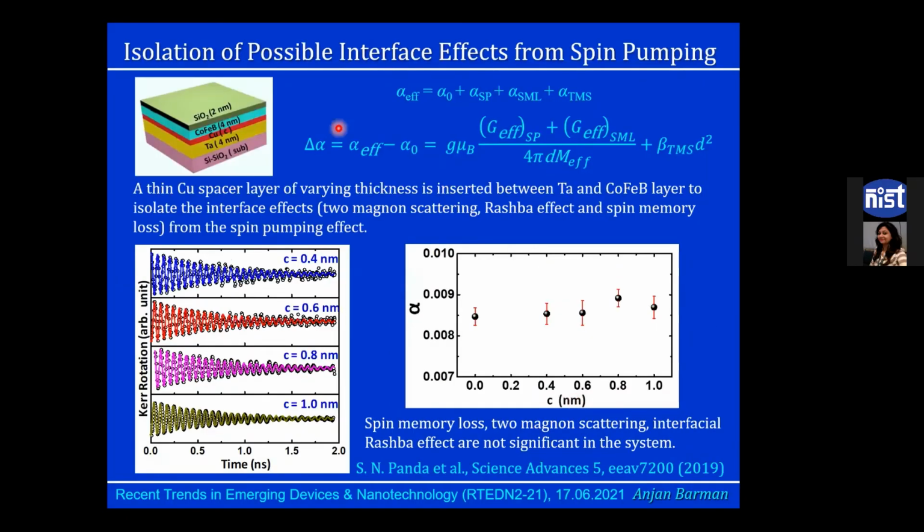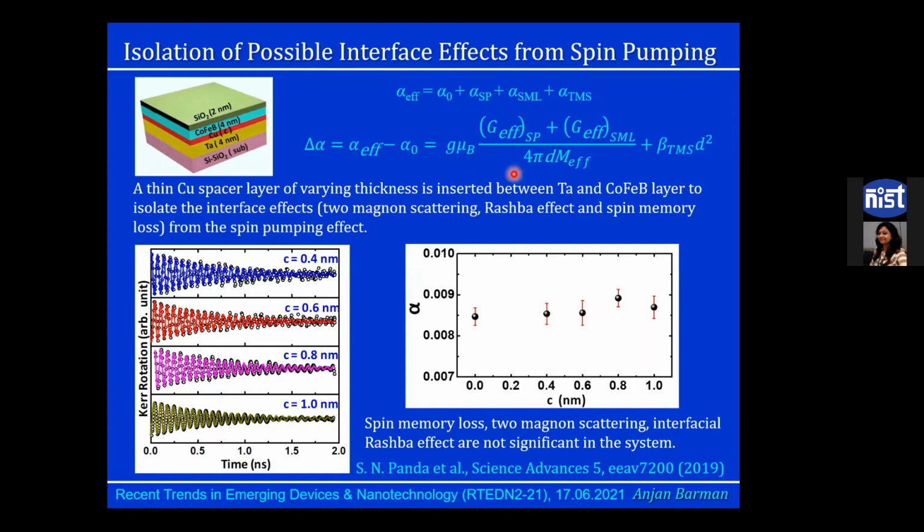So in order to find out whether the variation in damping is purely due to the spin pumping or whether other effects like two-magnon scattering or spin memory loss are there, because the variation of damping will have those effects also. So in addition to spin pumping, it will also have spin memory loss and two-magnon scattering. One can do all these experiments and do a modeling.